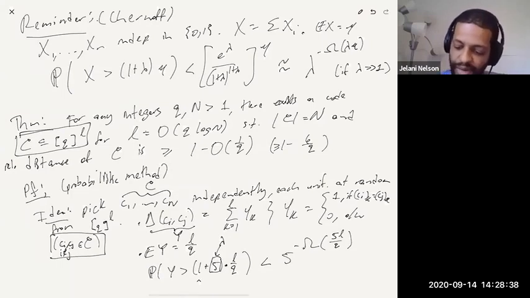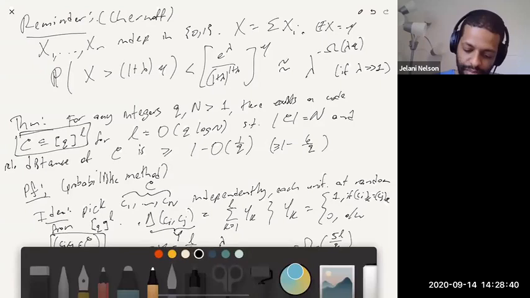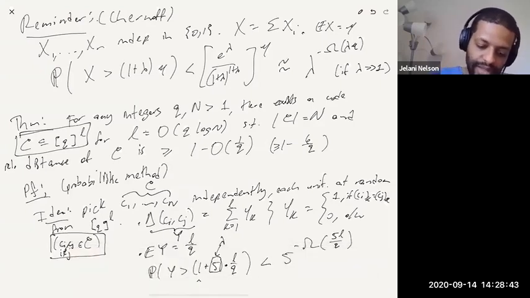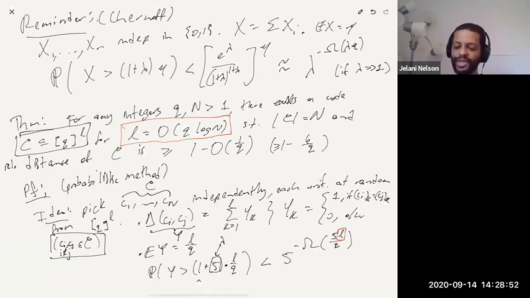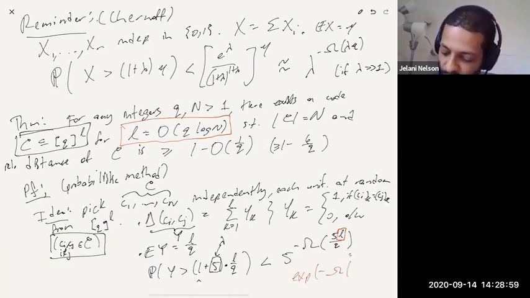And the point is, look at how I chose L. Where did I choose L? Here I chose L to be some constant times Q log n. So the Q's cancel. This is the same thing as exp of minus omega of L over Q, and because I chose L to be Q log n, I can rig it so that it's much less than, let's say, 1 over n squared.